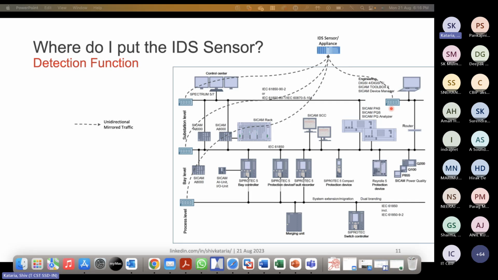We can put an IDS sensor there, or just put a mirror port there and bring that into one single appliance. What you're seeing here is a bigger appliance. You bring all the traffic to this appliance, and then you put your network intrusion detection system. Depending on the network, there could be any number of combinations: either putting them at one place, or putting different sensors at different locations and then bringing the analyzed information to one single place.